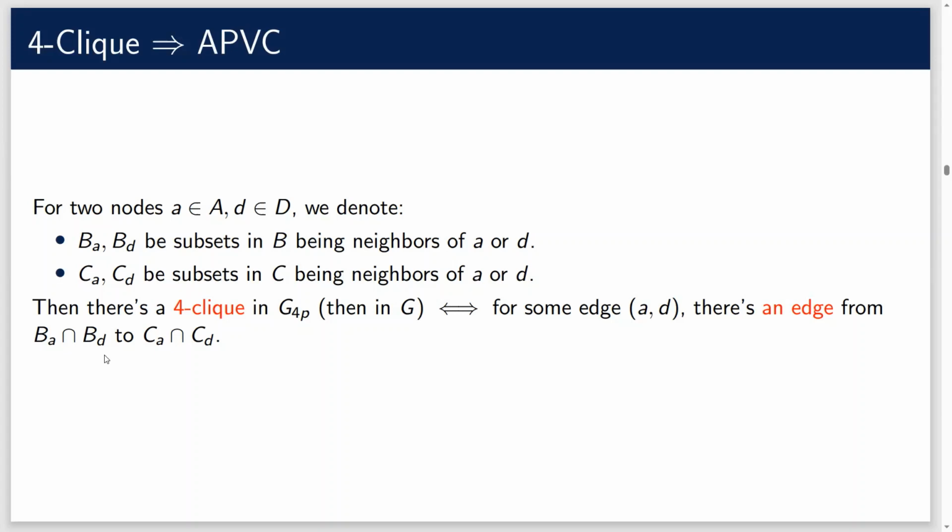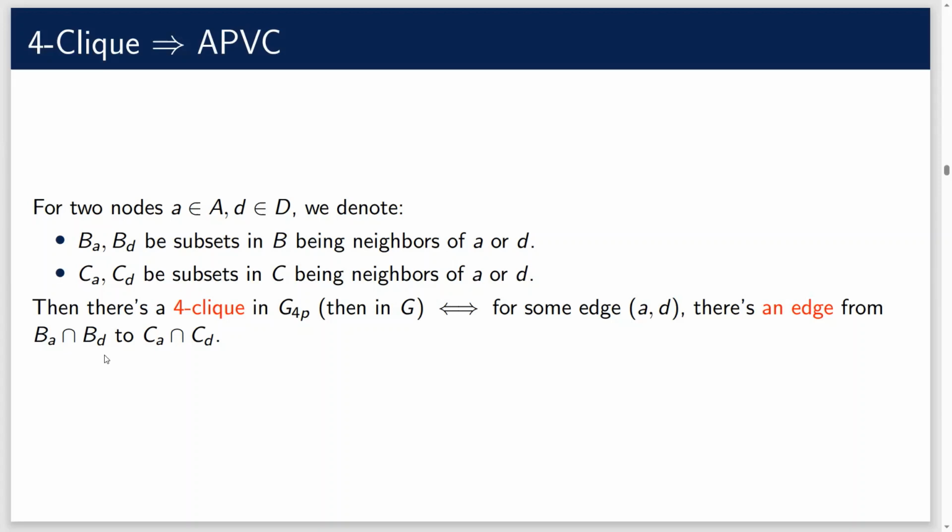Using this, we can show that there's a Four-Clique in G4P, or in G, if and only if for some edge ad, there's also an edge from B_a cap B_d to C_a cap C_d. We can prove this just by the definition.